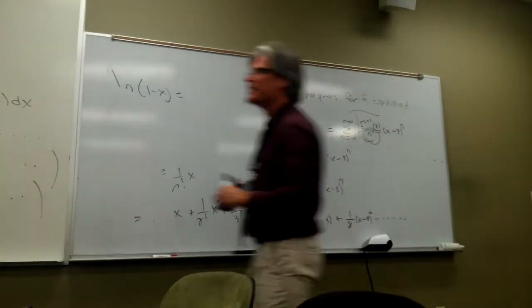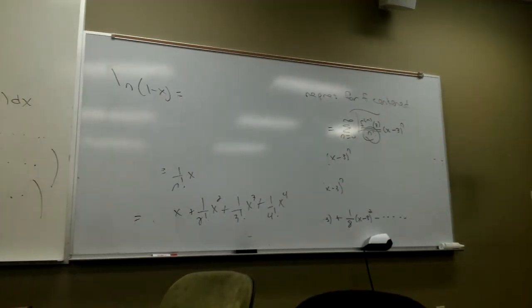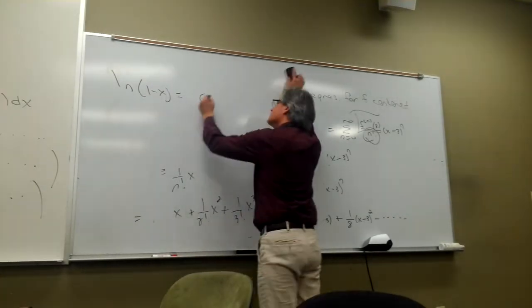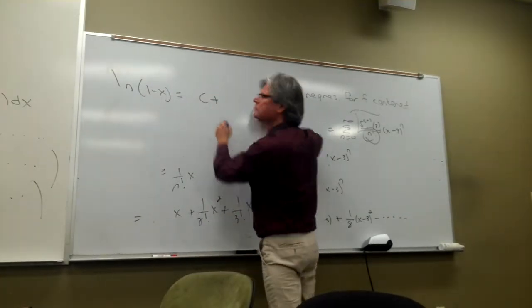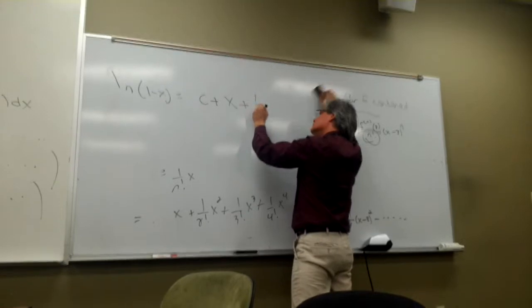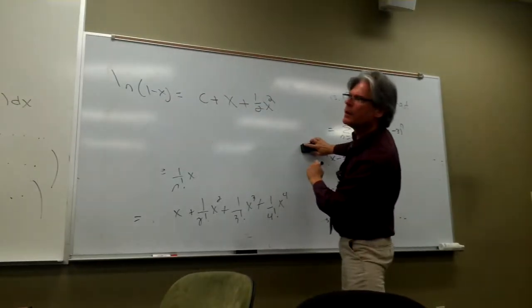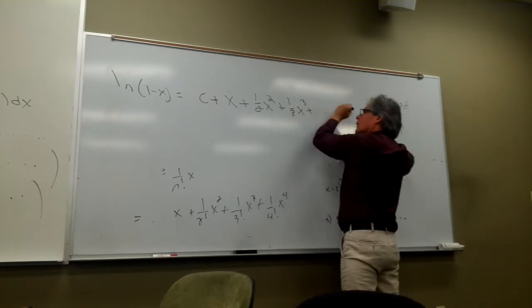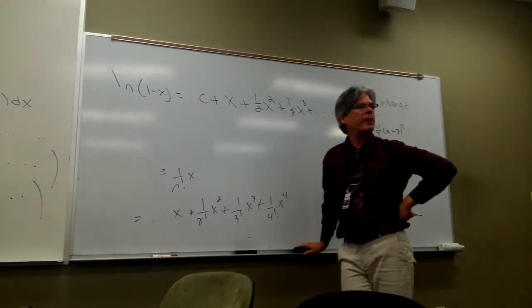1 over 1 minus x. Are we just going to anti-differentiate both sides? If I anti-differentiate both sides, on the right-hand side we're going to get this. Oh no, you guys, I made a mistake.